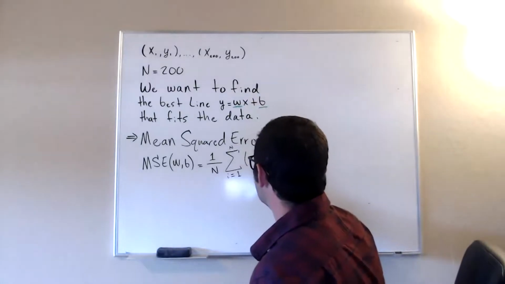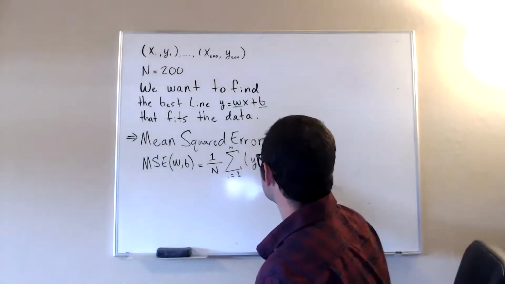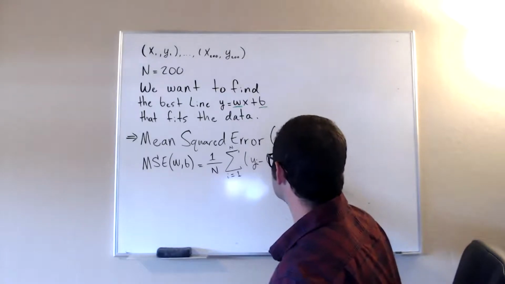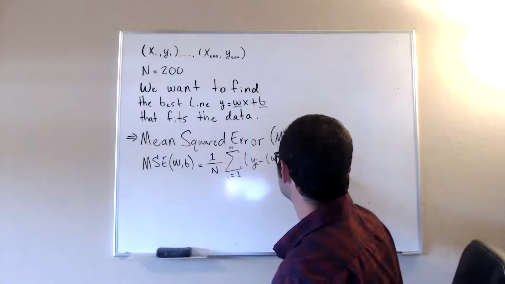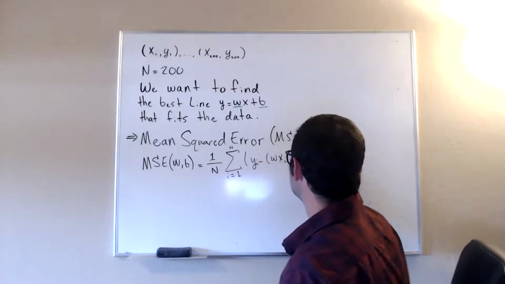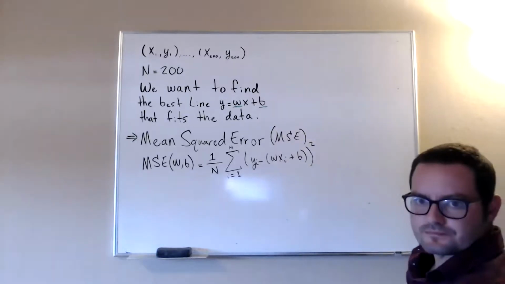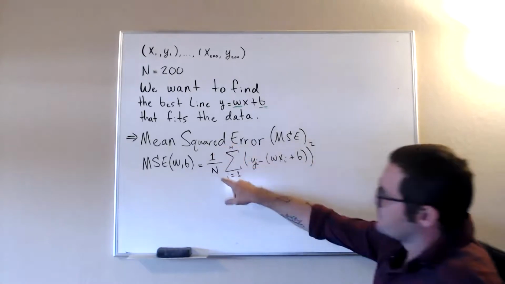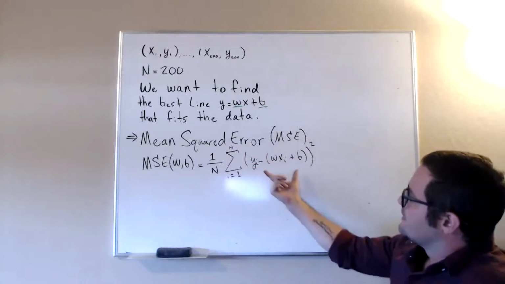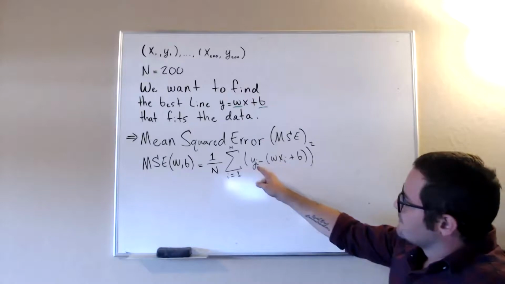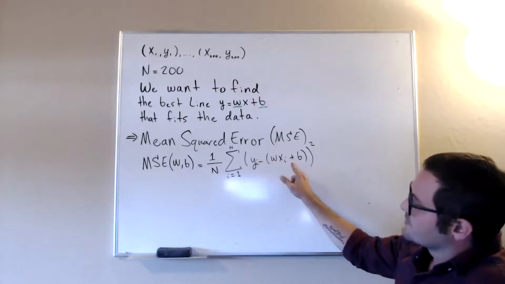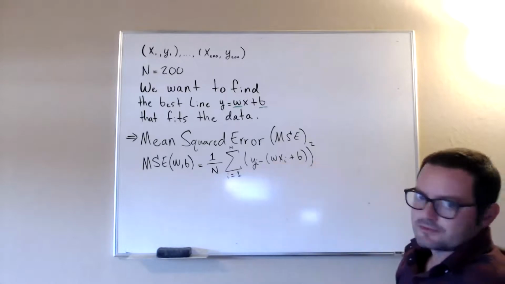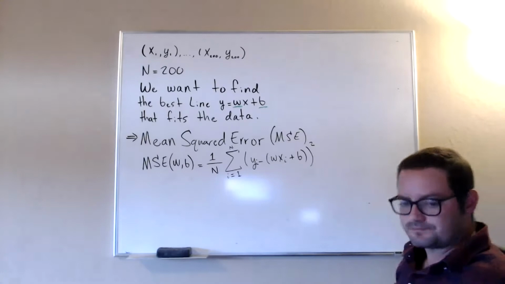And this would be yi minus (wxi plus b) all squared. So it's a mean squared error because that is averaging over all of them. What is it averaging? This is the squared error. It's how far apart our prediction is from the actual label, the difference or the error being squared. So that's where it gets its name, mean squared error.